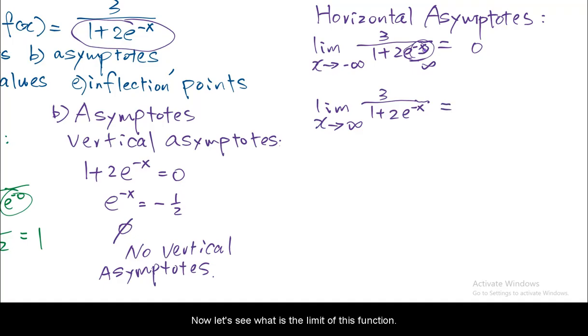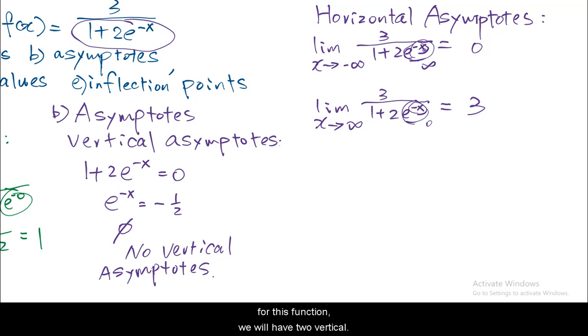Now let's see what the limit of this function is as x goes to infinity. As x goes to infinity, negative x goes to negative infinity, so e to the negative x goes to 0. Then we have 3 over 1, which is 3.